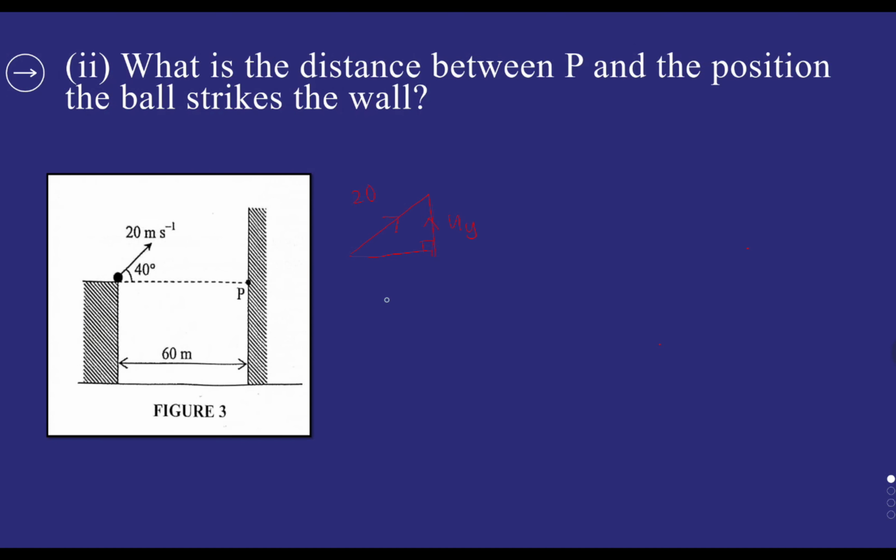So we can use sine for this. So sine 40 equals Uy over 20. So just move this to the other side. So we get Uy equals 20 sine 40. So that is our Uy.